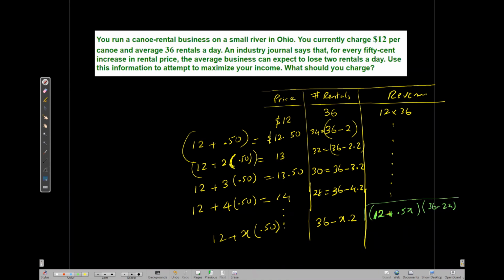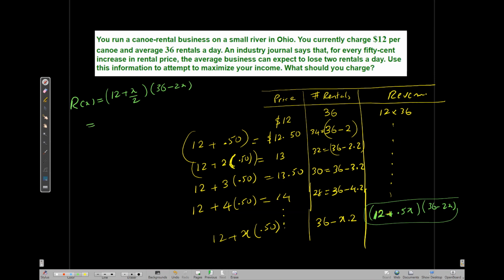So this is our profit function, or revenue function. So R of x is 12 plus 1/2 x times 36 minus 2x. See, this is the function, and you just need to maximize it.